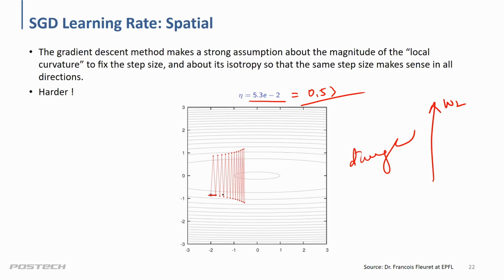This way it is still approaching the optimal points that we expect, but in that direction, it's unstable. That's one of the problems of having a constant value of learning rate, or alpha, or step size in the spatial sense.